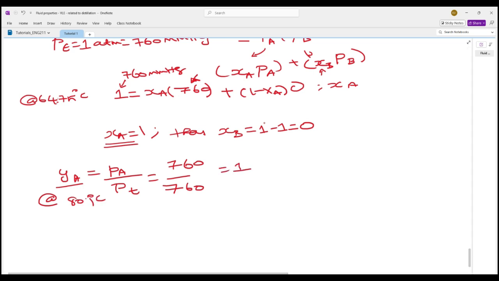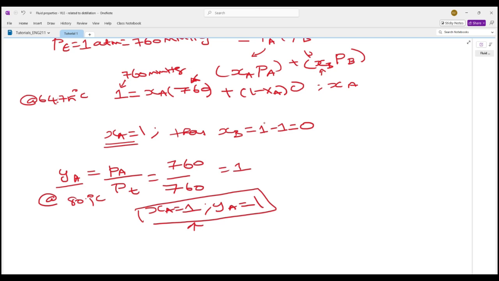So this is equal to 1. So XA is equal to 1, and YA is equal to 1, which means this is a pure system, and that system contains only component A. That's why you get XA equal to 1 and YA equal to 1.